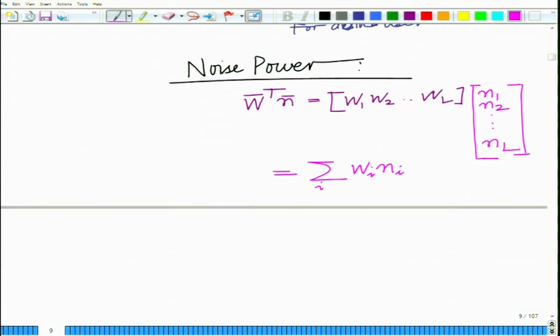Now we have to assume something about these noise samples, since we have not described their properties. Let us assume a very commonly employed model: all the noise samples are statistically identical, that is, they have 0 mean and variance, expected value of Ni square equals sigma square. The noise power is sigma square, and the noise samples Ni are 0 mean.